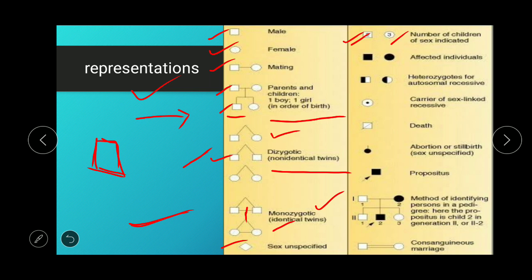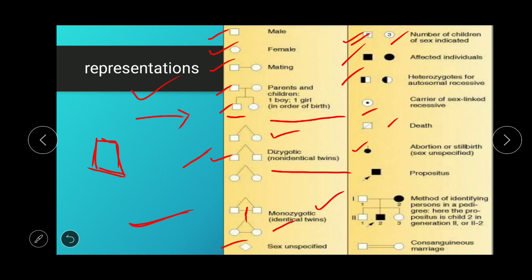Then you can see the affected individuals, they are the darkened square and circle. For a heterozygote for autosomal recessive, the symbol is half shaded and half empty, and for sex-linked recessive there is a dot in the middle. Then death is shown by a line. You can see abortion or stillbirth, and sex unspecified.